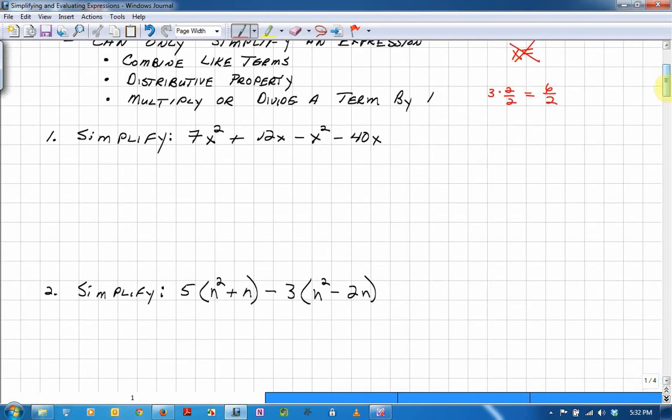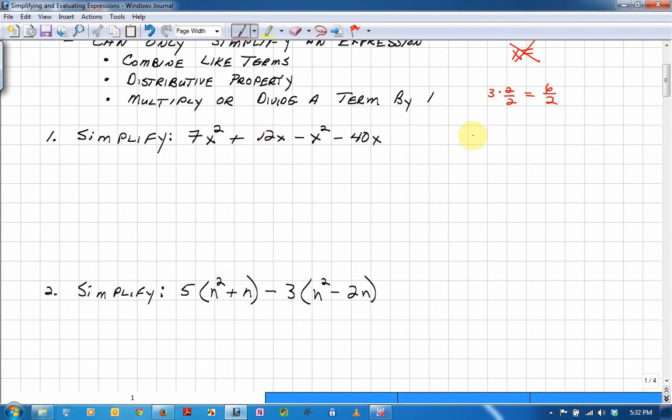What we have here is an expression that has some x squareds and x's, and when we are simplifying an expression, we can only combine those terms that have exactly the same variables with the same exponent. So this term that has an x in it is not going to be able to combine with the term here that has an x squared, because the exponents on the x's in those two terms are not the same.